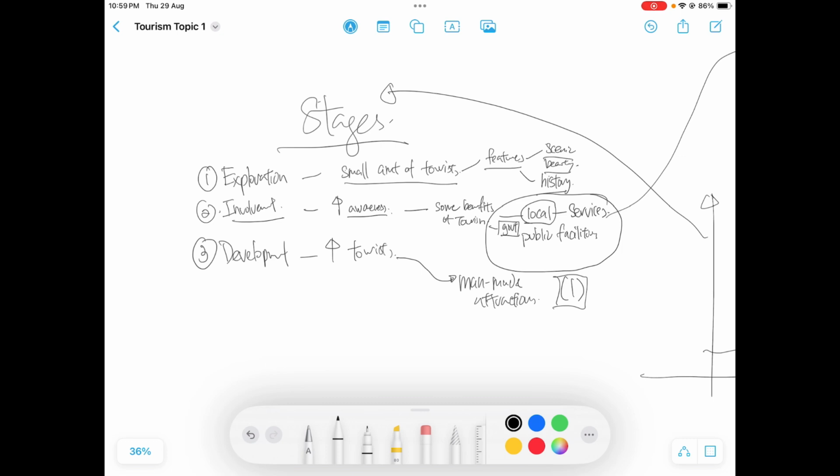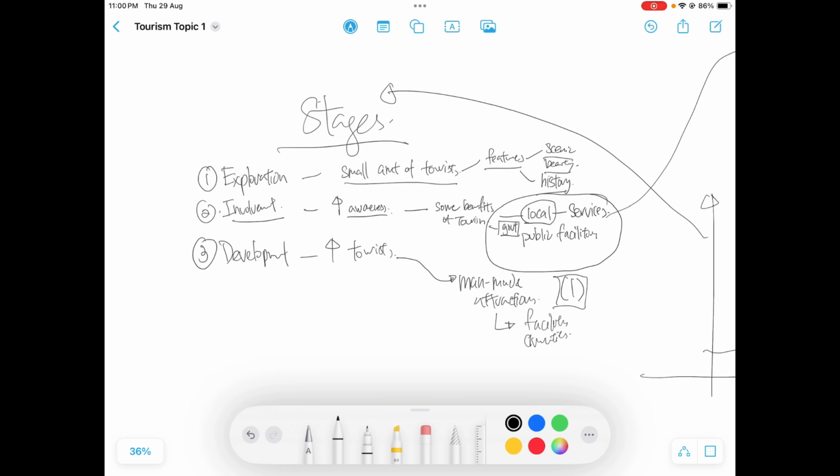So there will be more man-made attractions being made, and these man-made attractions include facilities and amenities. The example in the textbook, you can use Vietnam's, or maybe I just give you another example.